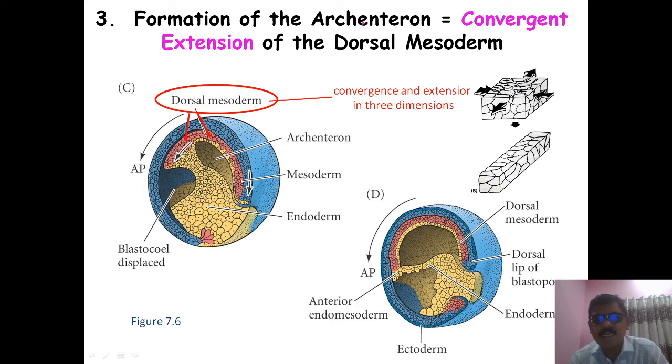The next is convergent extension. We have discussed what convergent extension is. If cells are arranged in four tiers, they become elongated and form two tiers.